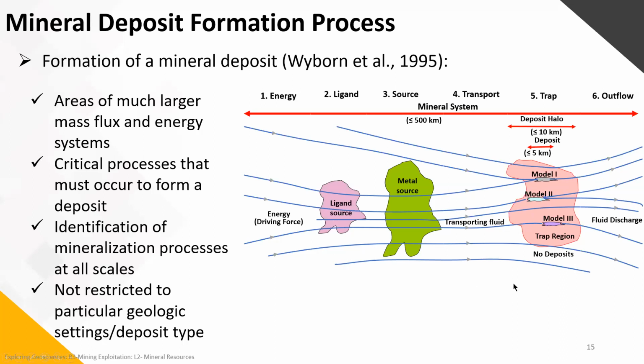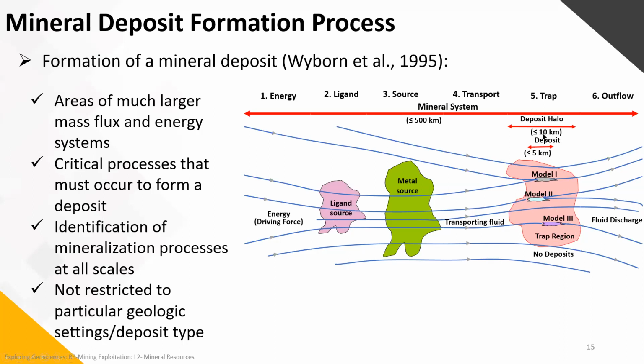Within the area of the trap, there will also be an area we call the deposit halo. It is an area where we have an alteration halo which is formed around our mineral deposit and which gives geochemical indications to the geologist that he is near or far from a possible discovery or known model.